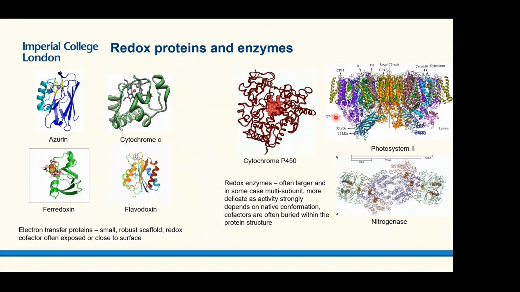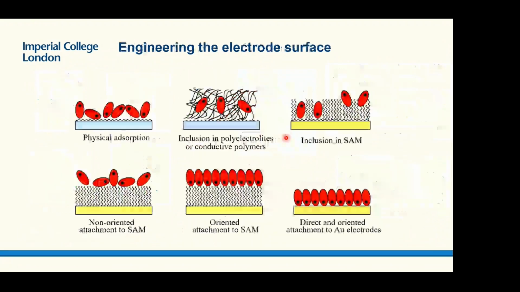Quite often there are multiple subunits, so they're quite big, and it's much more difficult if you want to tether them to electrode surfaces and get information from these enzymes. It's more difficult, but not impossible, and I will show you some examples of this.